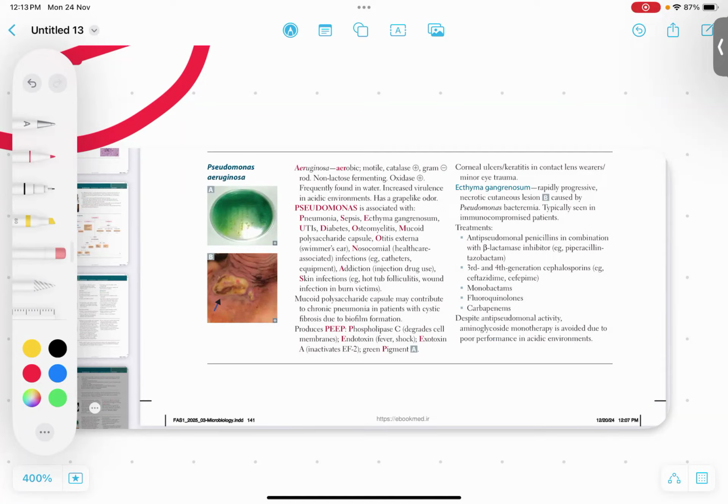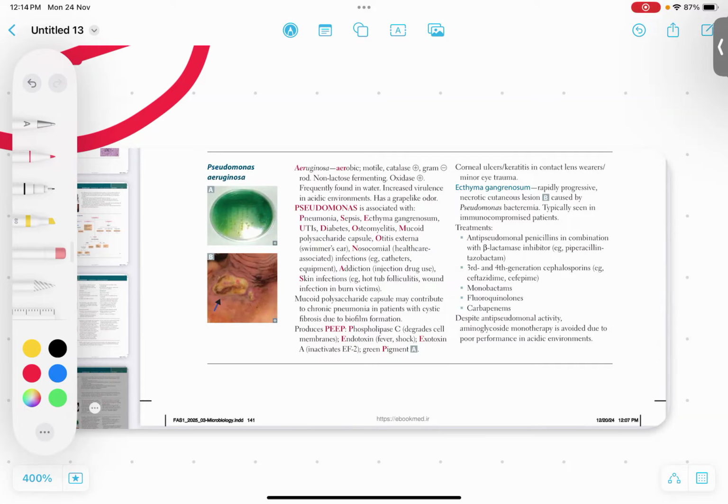Mucoid polysaccharide capsule may contribute to chronic pneumonia in patients with cystic fibrosis due to biofilm. It produces pyocyanin, phospholipase C, endotoxin, exotoxin A, and these green pigments. Corneal keratitis in contact lens wearers. Ecthyma gangrenosum is a rapidly progressive necrotic cutaneous lesion caused by Pseudomonas bacteremia, typically seen in immunocompromised patients.